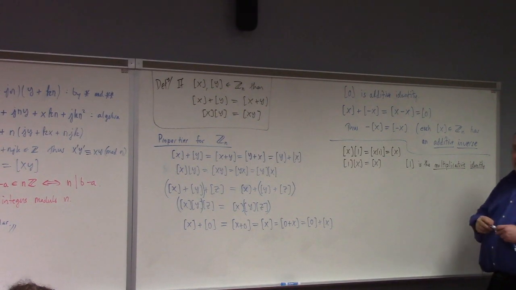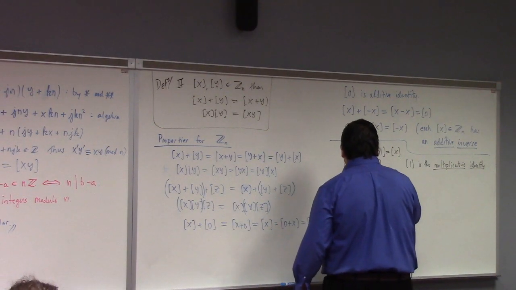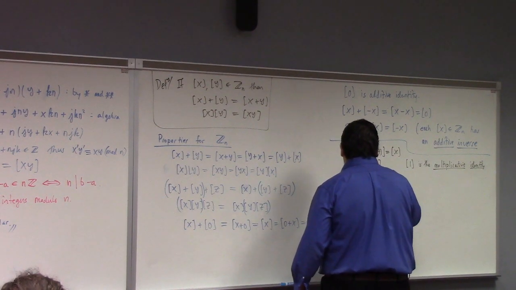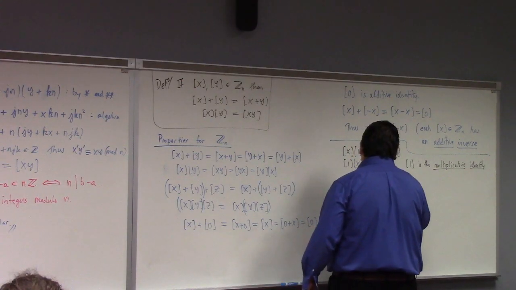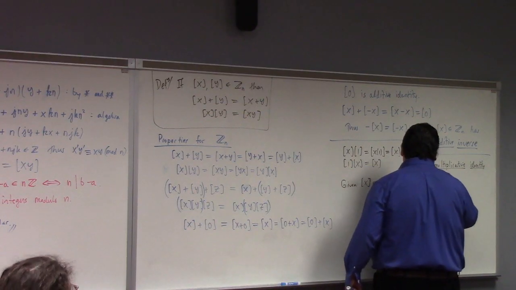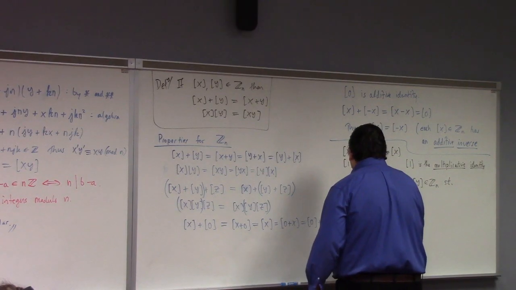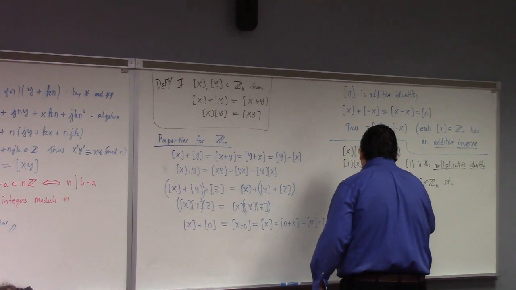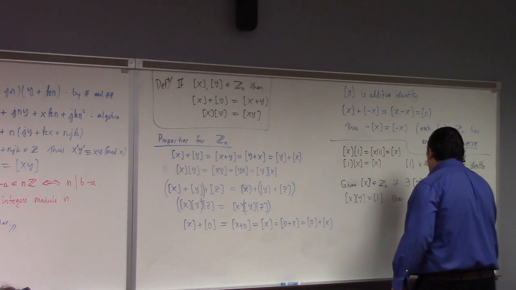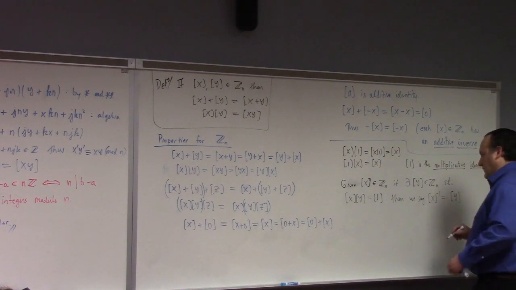All right. Now, given x in Zn, if there exists y in Zn such that x times y is equal to 1, then we say x inverse is equal to y.